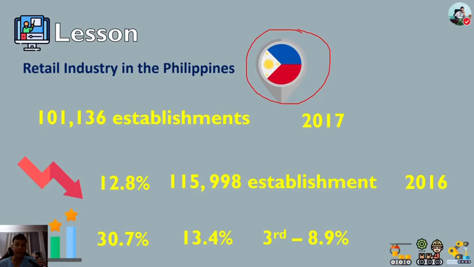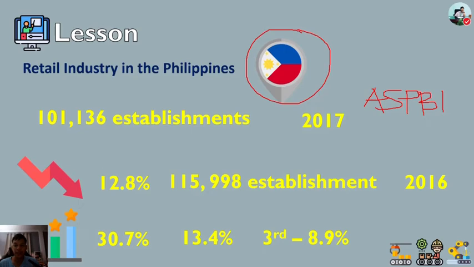So for the latest annual survey of the Philippines in business and industry, or it is also called ASPBI. Okay, so the ASPBI stands for Annual Survey of Philippine Business and Industry.